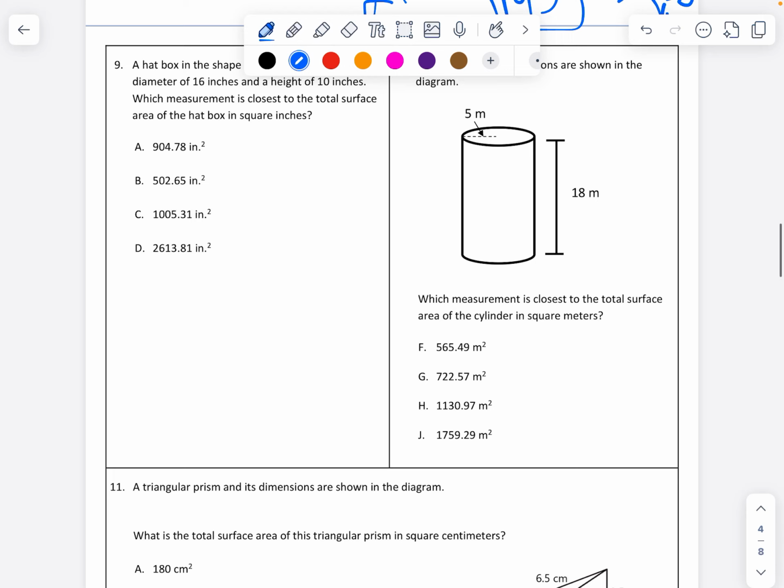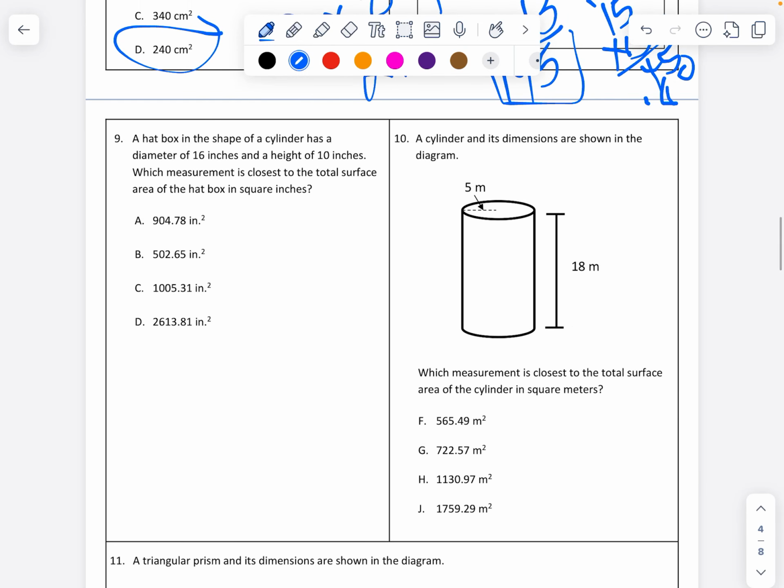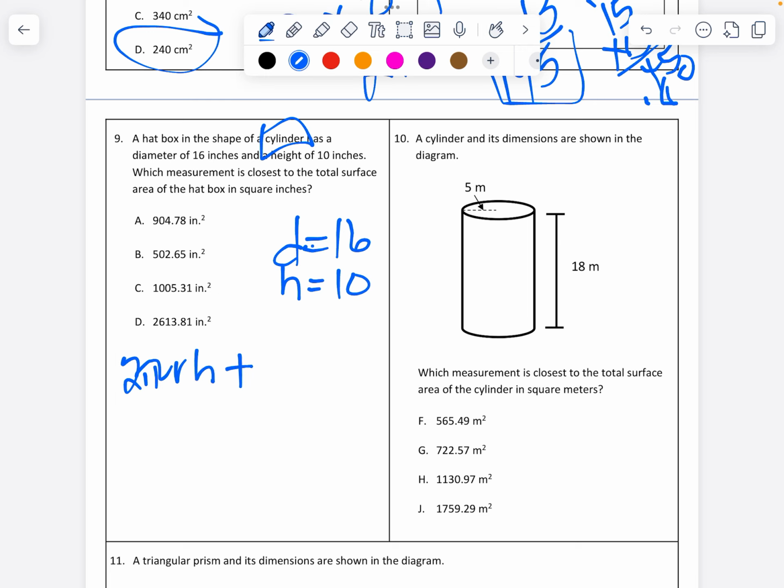Okay, number 9. Hat box in the shape of a cylinder. So we have a cylinder with a diameter of 16 and a height of 10. Which measurement is closest to the total surface area? This is the same formula used a little bit ago: 2 times pi times radius times height plus 2 times pi times radius squared.